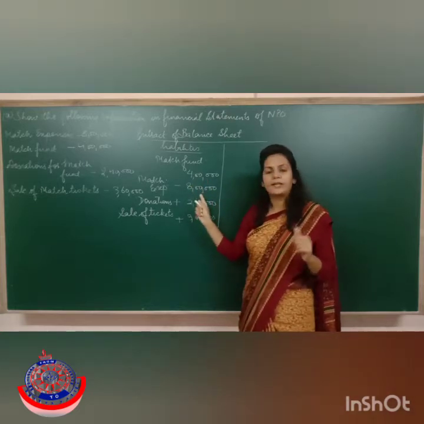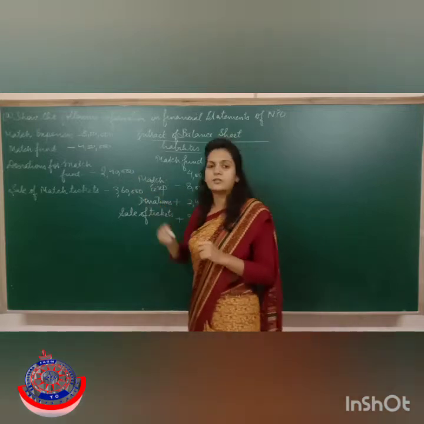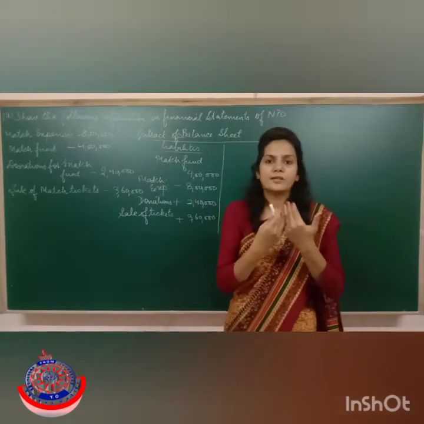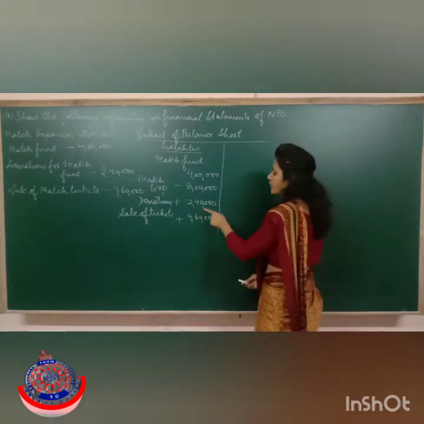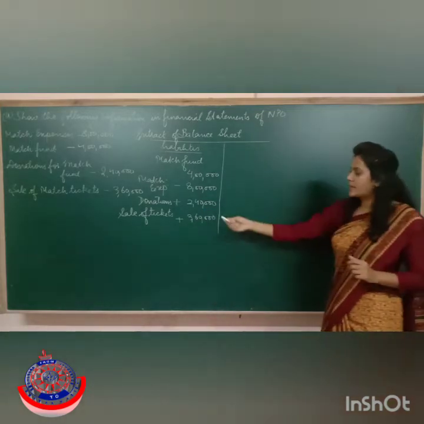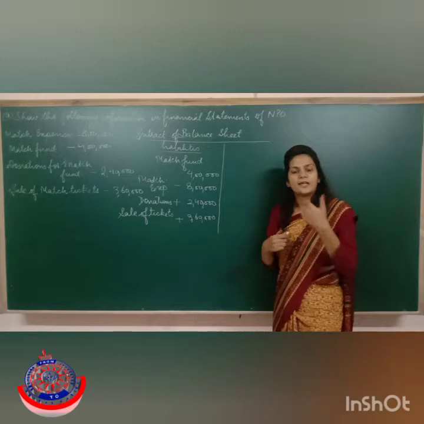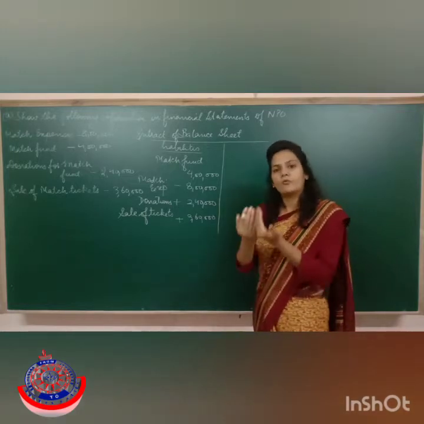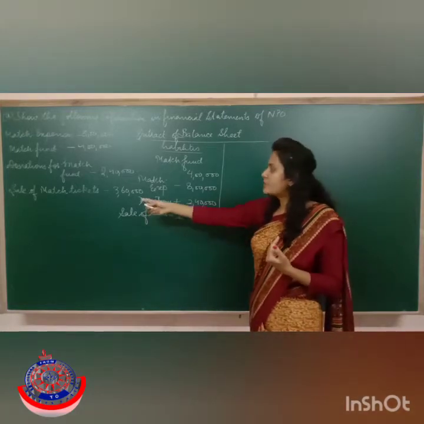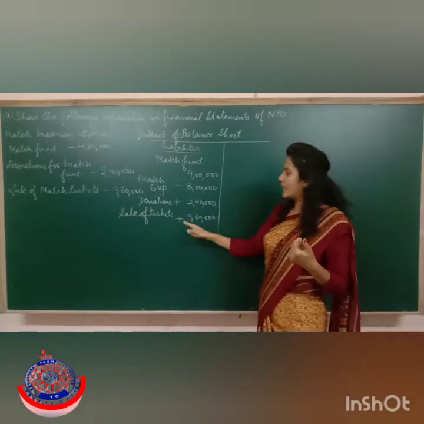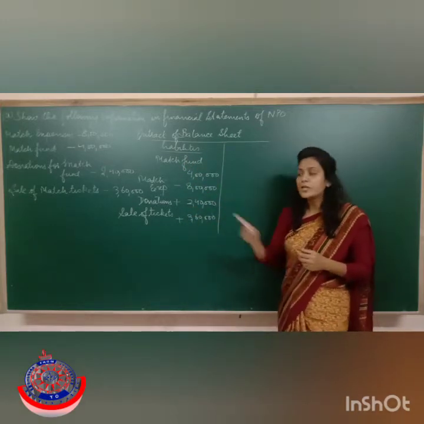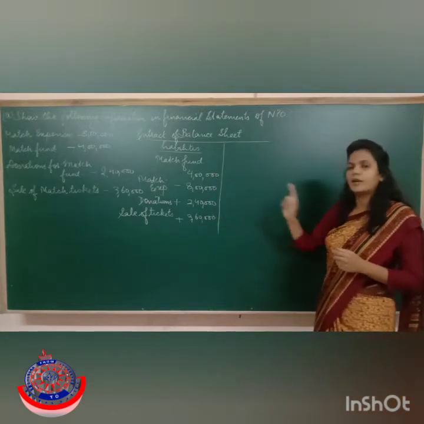So you have to subtract 8 lakhs from here. Then donation. Some more people have donated money in this fund, so the money in the fund has been increased by rupees 2,40,000. And by selling the match tickets we got some money, which we have earned from the fund only, so that has to be added in the fund itself.